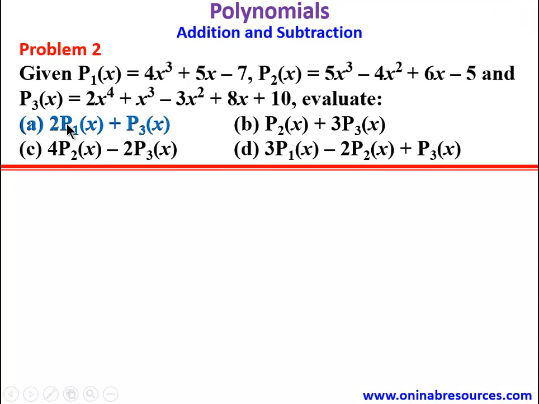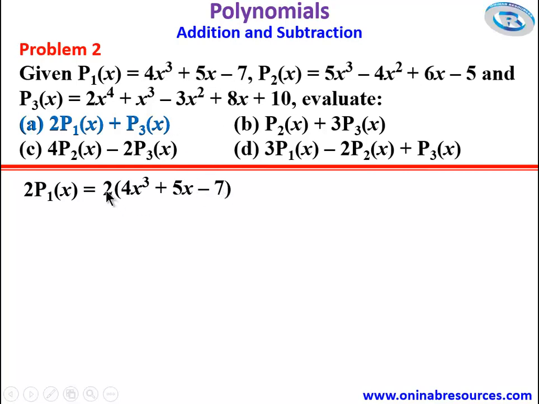So what we do is find 2P1 of x first, then we now add it to P3 of x. So to find 2P1 of x, we are going to multiply 2 by every term of P1 of x. So that's going to be 2 into 4x3 plus 5x minus 7.